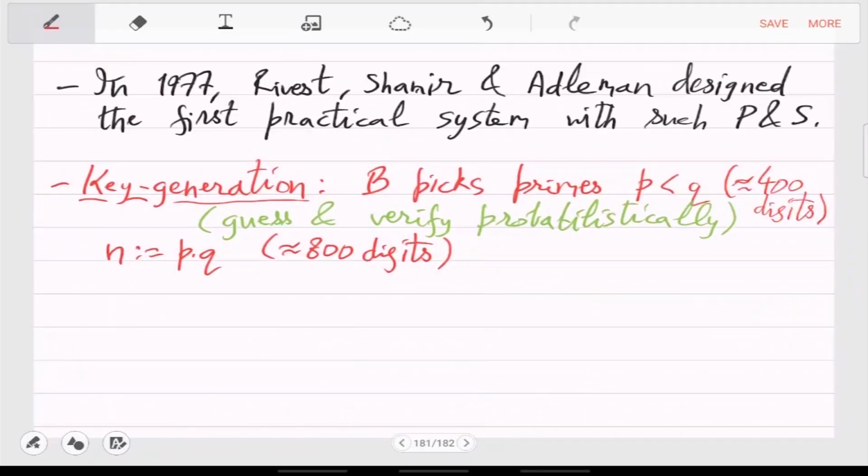So e also has to be published. Pick an e co-prime to phi n, the Euler totient function, and publish them.